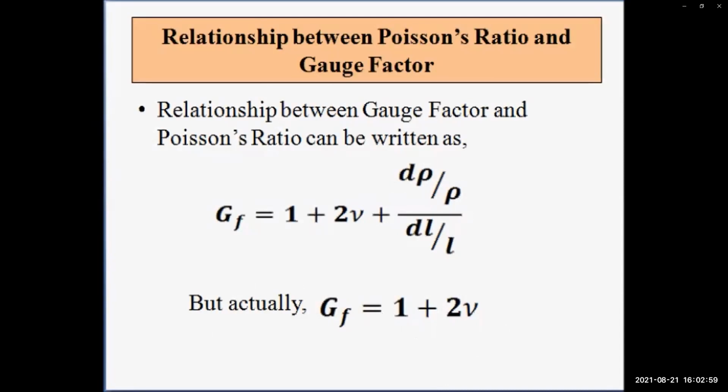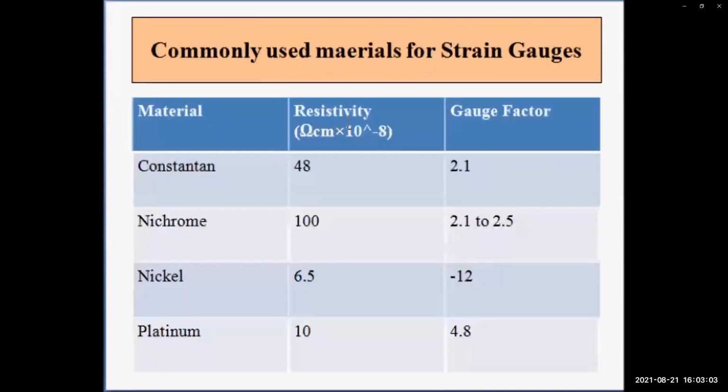Now, some of the materials which are used for the construction of strain gauges are listed below. Their resistivity and gauge factor values are also given. You can note them down if you want. Basically, platinum and nickel are used for construction of strain gauges along with constantan and nichrome, and semiconductor strain gauges are also available.